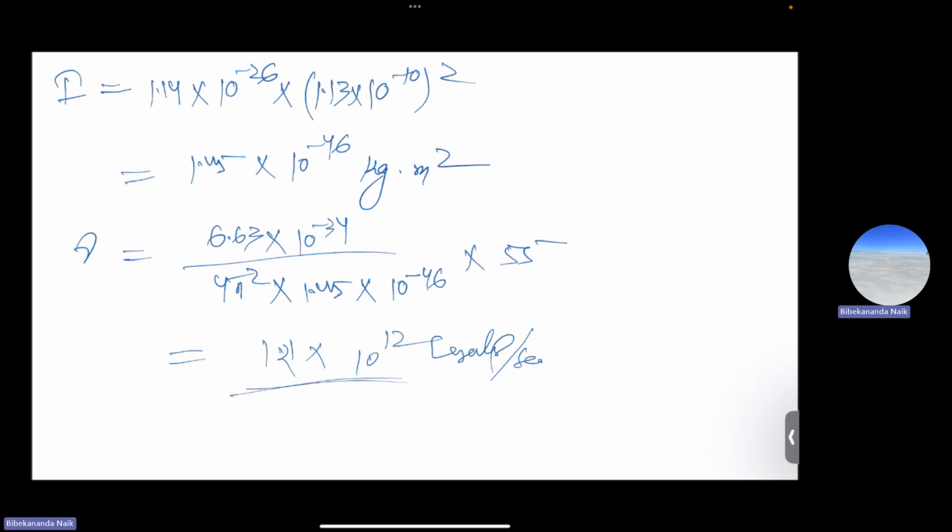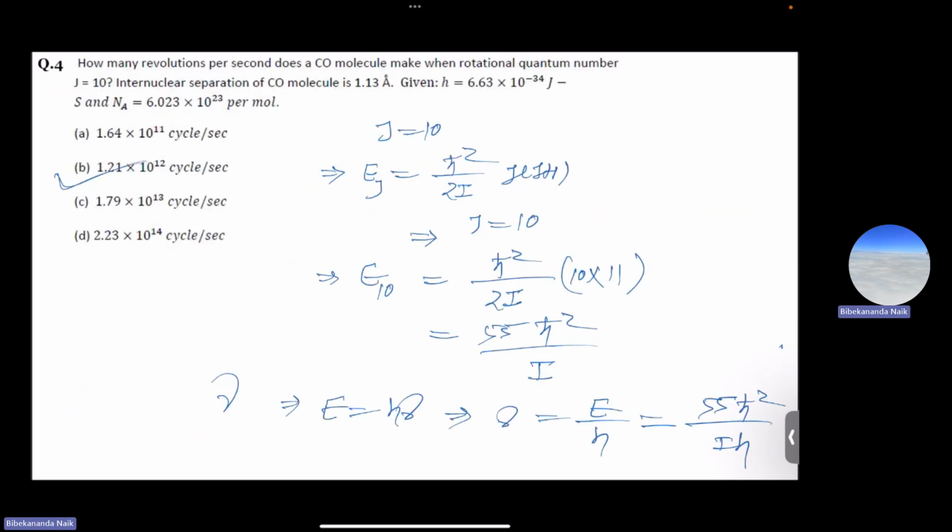So the correct option is option B, 1.21 into 10 to the power 12 cycles per second.